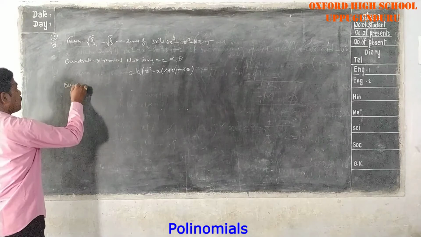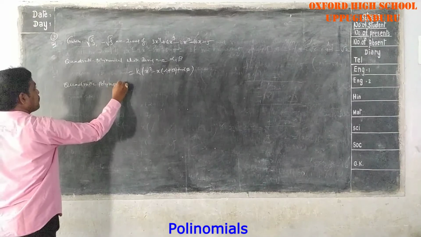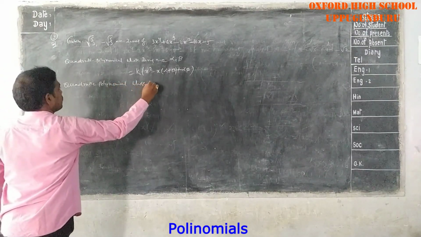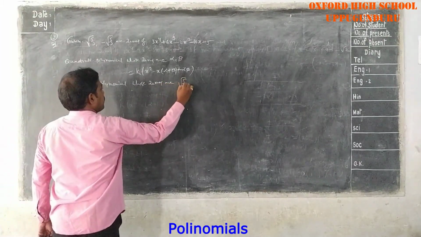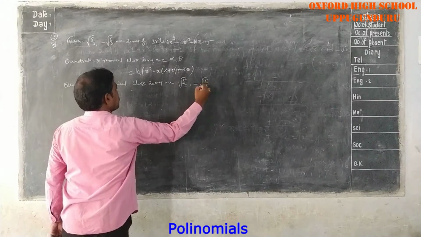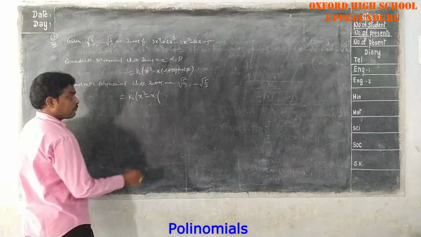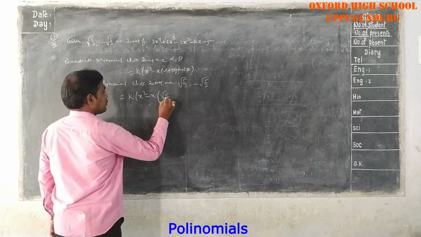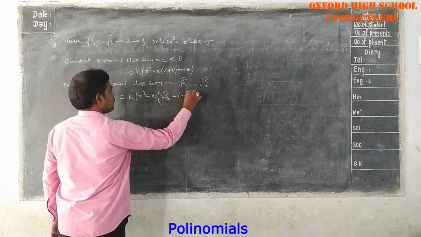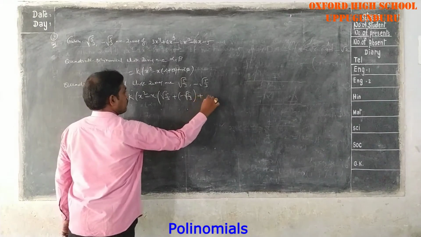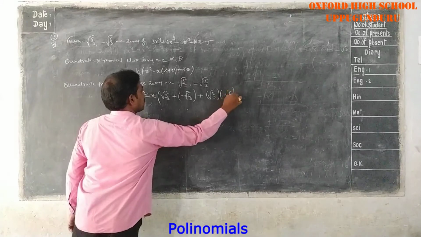Now the quadratic polynomial whose zeros are root 5 by 3 comma minus root 5 by 3 equal to k of x square minus x of root 5 by 3 plus minus root 5 by 3 plus root 5 by 3 into minus root 5 by 3.